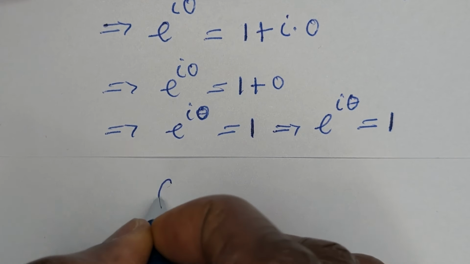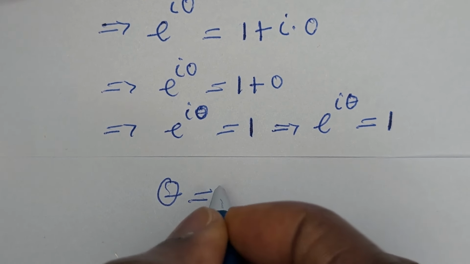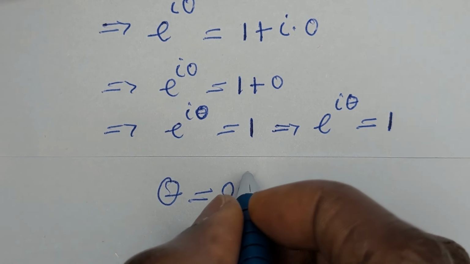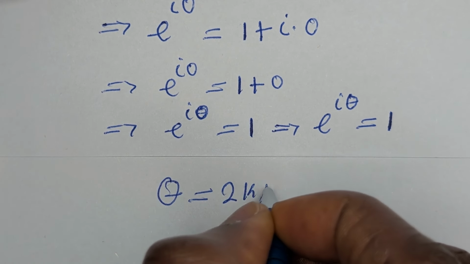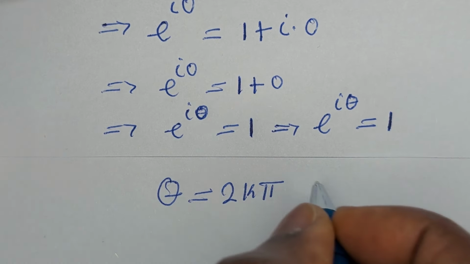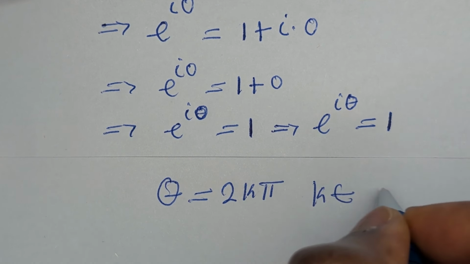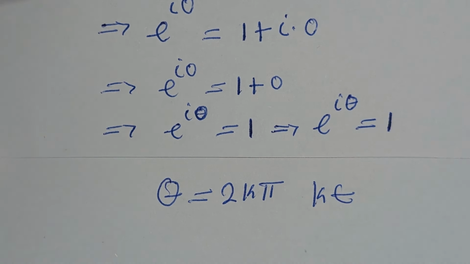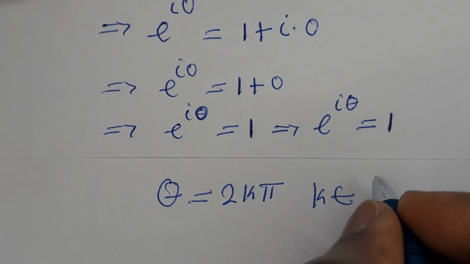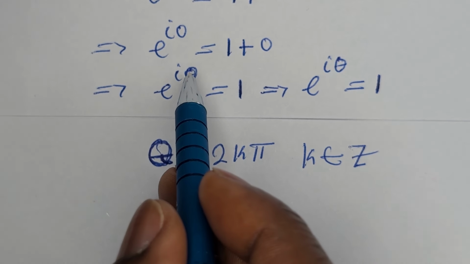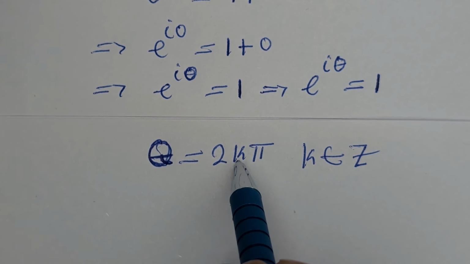Then now theta is equal to 2k pi, where k is a member of the integers, then we can now replace our theta by 2k pi.